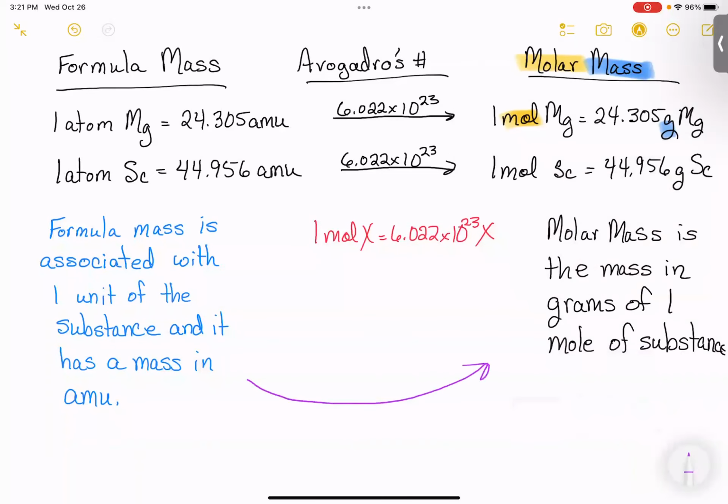The two numbers are identical. The values, I should say, are identical. The only difference between them is what they're talking about. Is it just a single entity, or is it 6.022 times 10 to the 23rd of that entity?